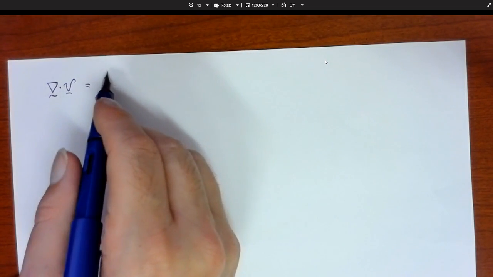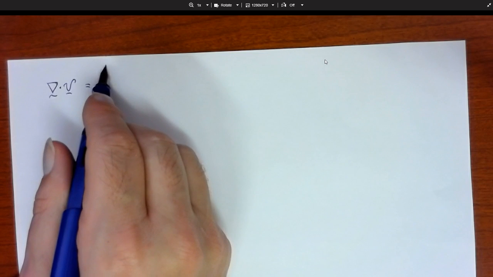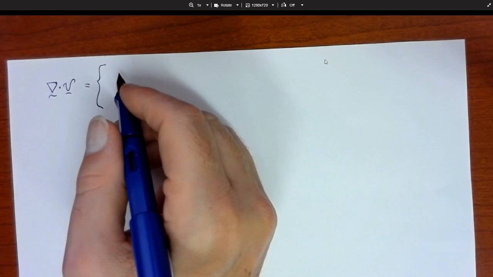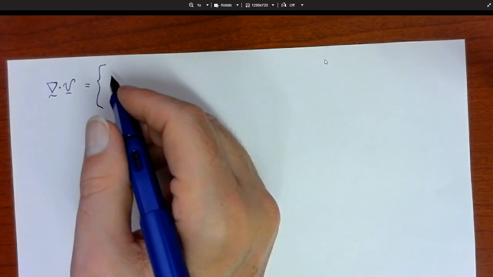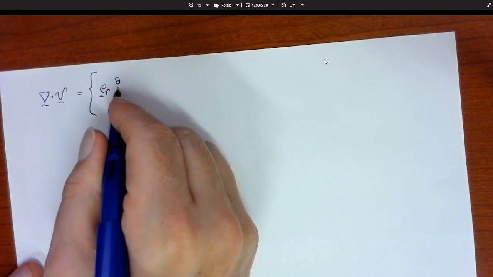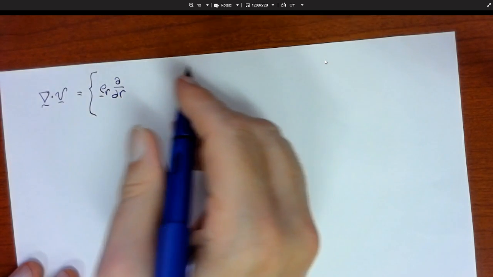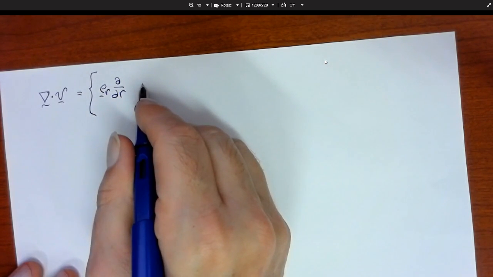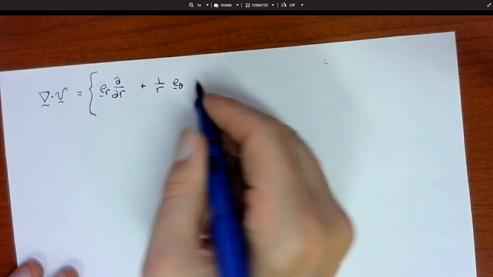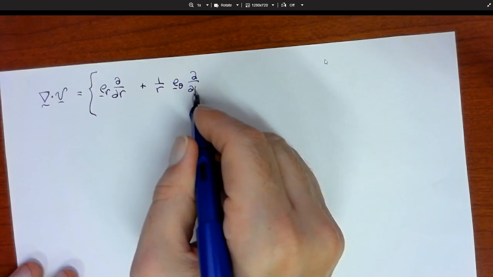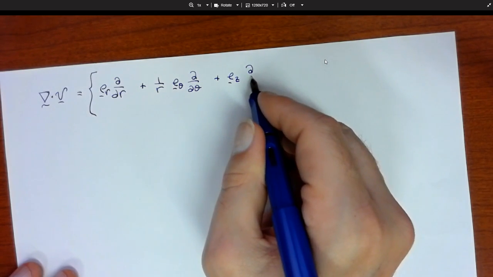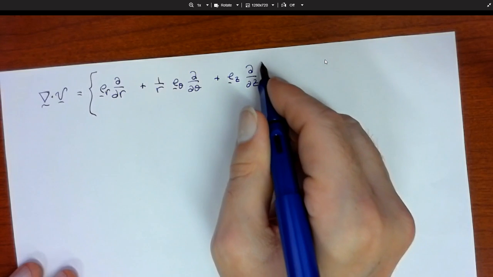Yeah, let's do it this way. So this is going to be the Nabla operator. This is my gradient operator, right? So I'm going to write it as er partial derivative with respect to r plus 1 over r e theta partial derivative with respect to theta plus ez partial derivative with respect to z.